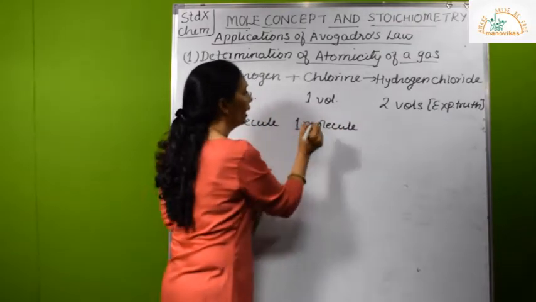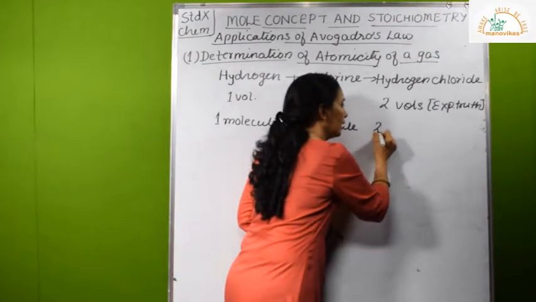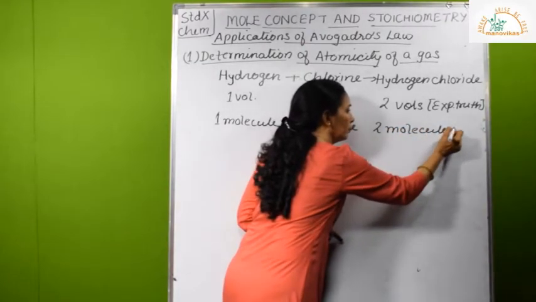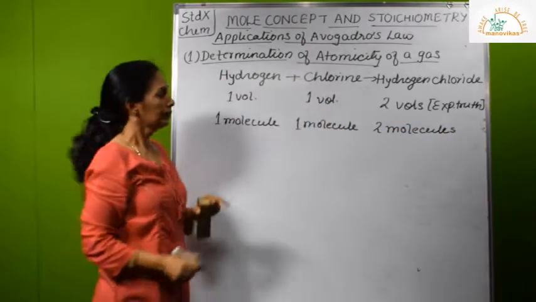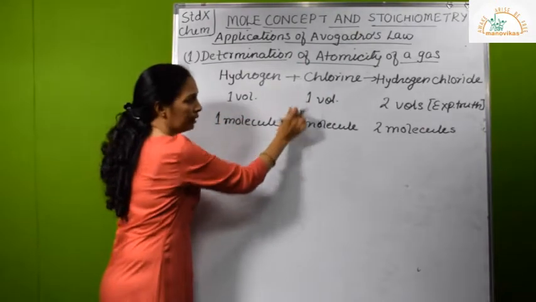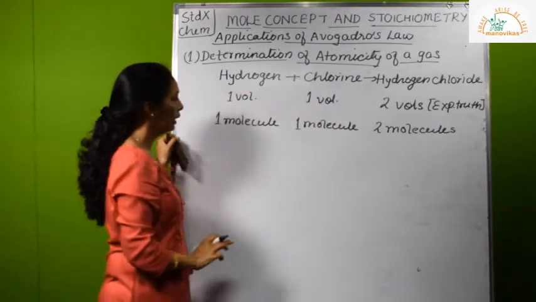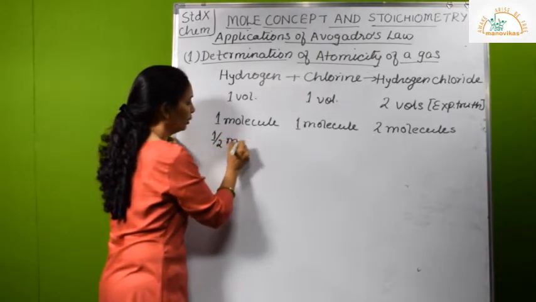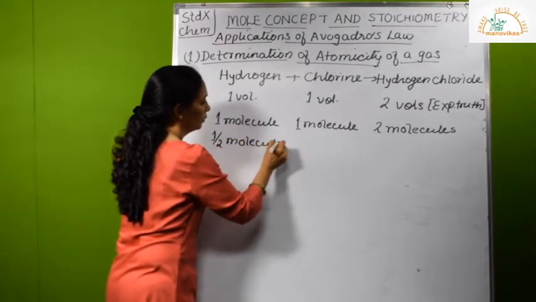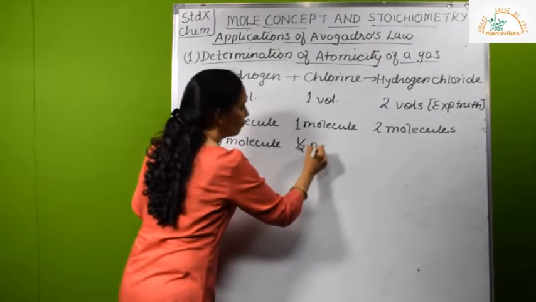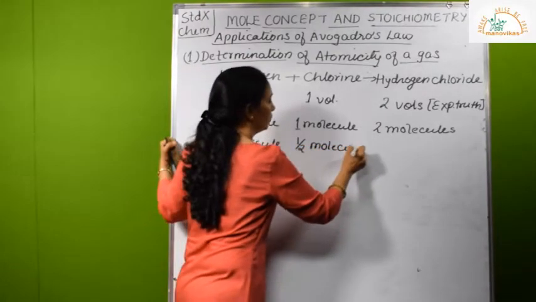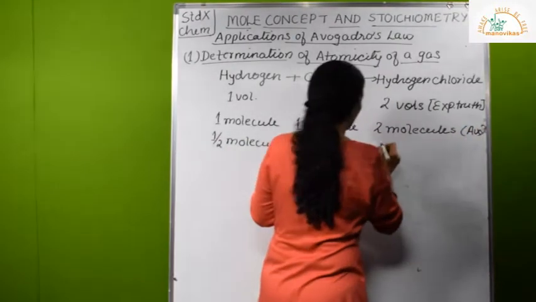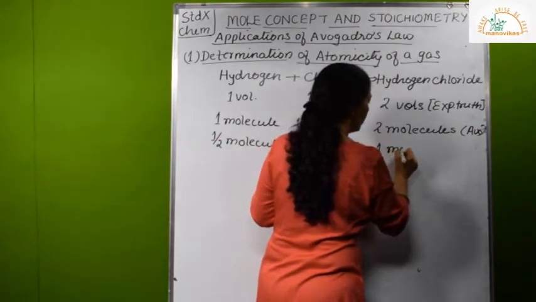And 2 volumes of HCl will contain 2 molecules. 1, 1, 2. Now if I write half volume, it will also become half molecule. This is by Avogadro's law. So this will become 1 molecule.